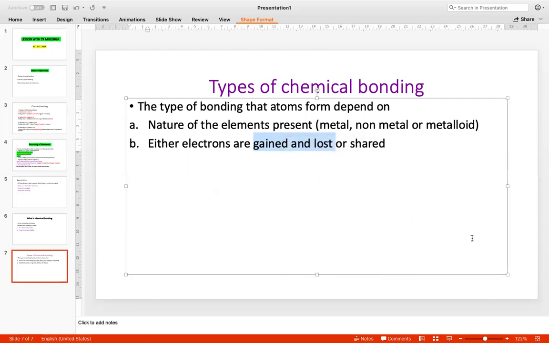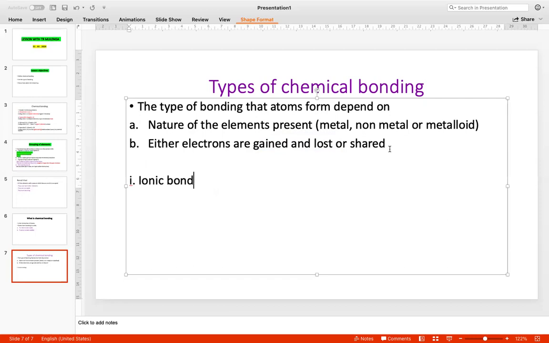So it's either electrons are gained or lost, or electrons are shared. Then we will tell the type of bonding. So now, which ones are these? Number one, the type of bonding is what is called ionic bonding.